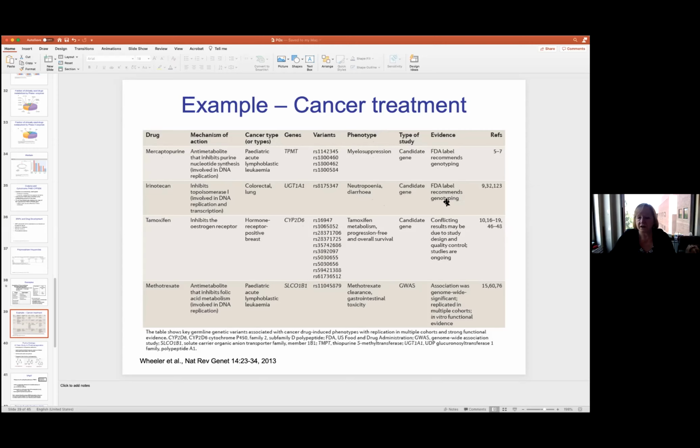Neutropenia, again, recommending genotyping. Tamoxifen metabolism. So if you cannot process tamoxifen to endoxifen, so tamoxifen is a prodrug, and it gets metabolized to endoxifen, which is what is going to affect the propensity of your cancer to progress.